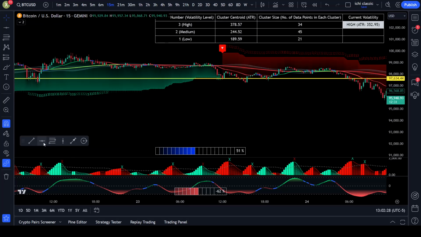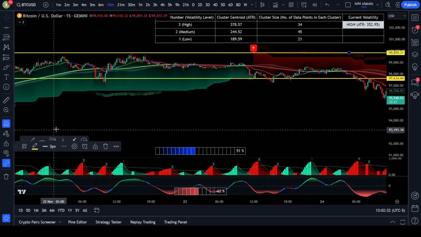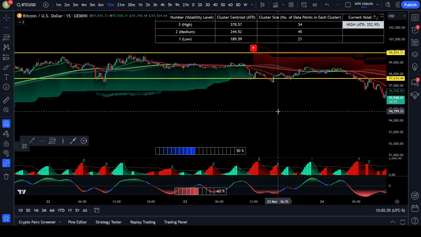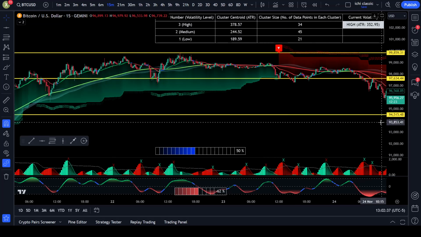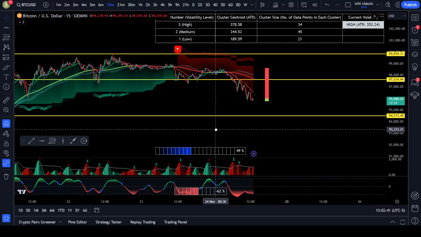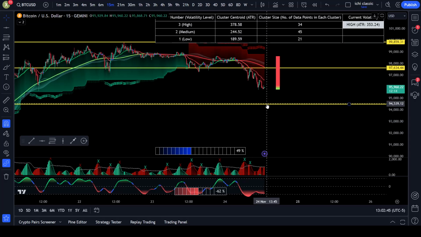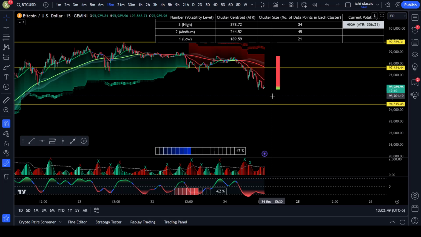My stop loss is right here, and my take profit is somewhere here. So if we go back, okay, so we still have places to go. Okay, I guess 94 would be the level.